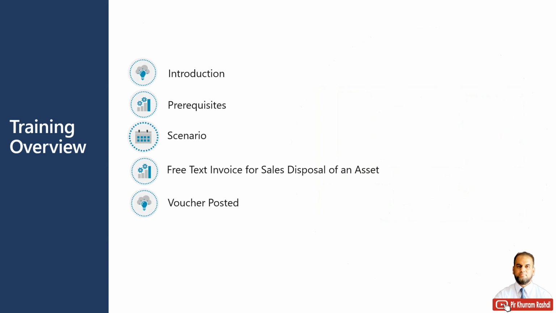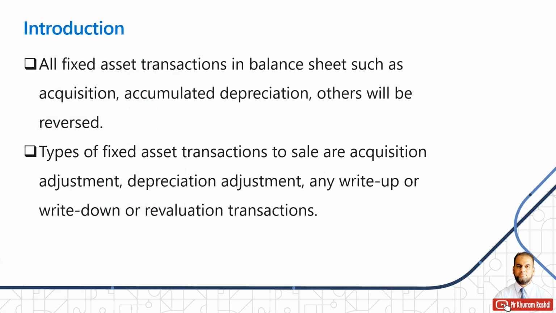We will discuss it, and then a scenario will also be discussed in which we will basically demonstrate one fixed asset and how to dispose of it, and also how to create the free text invoice for selling that asset. And lastly, we'll also discuss the voucher posted.